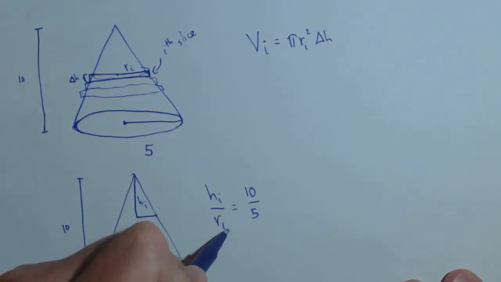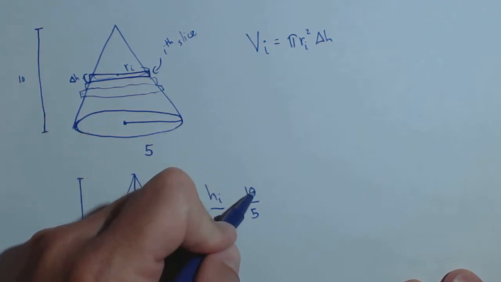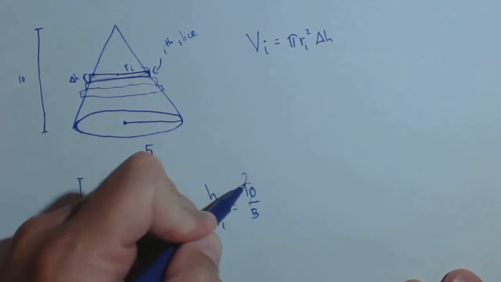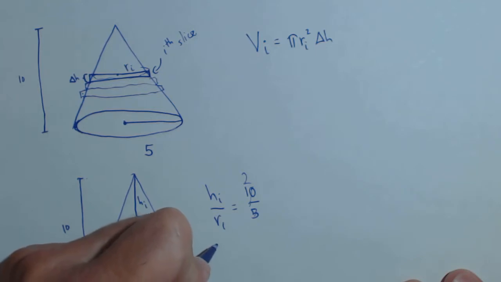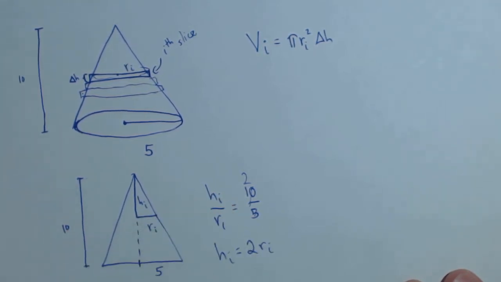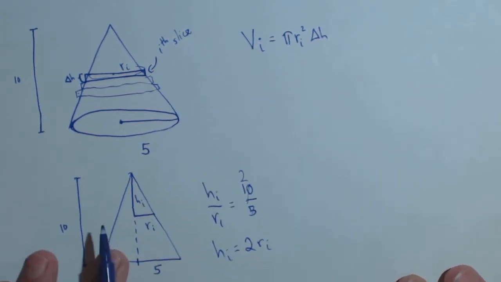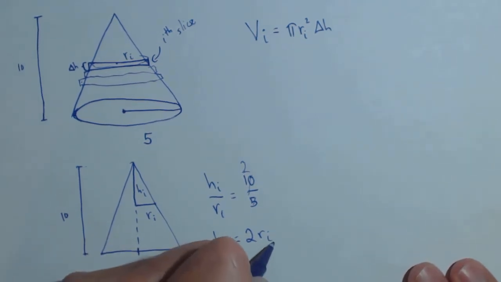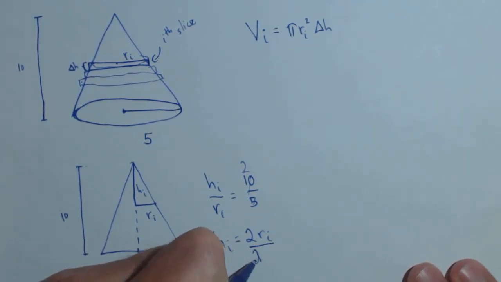So what do we have here? 10 over 5 is just 2, and I can multiply that r sub i over. So I have h sub i equals 2 r sub i. Well, I have r sub i in my volume, so I need to solve this for r sub i. I'm going to divide both sides by 2.